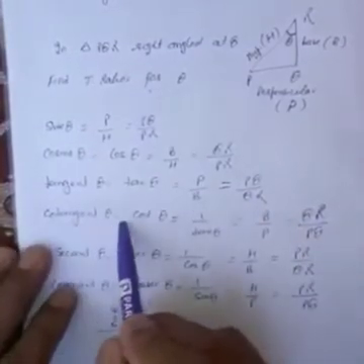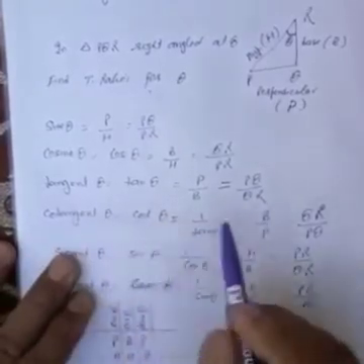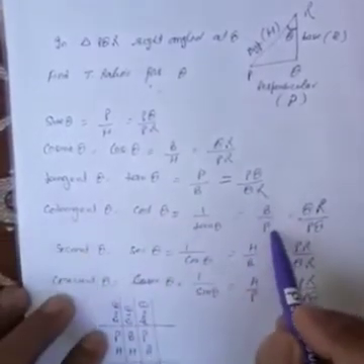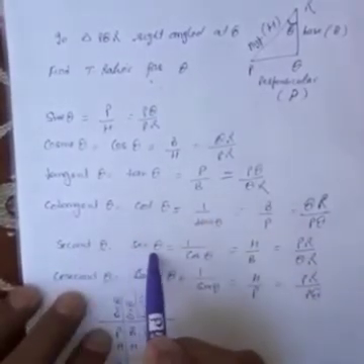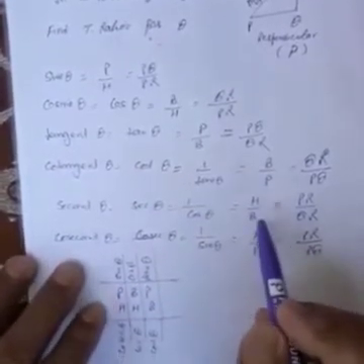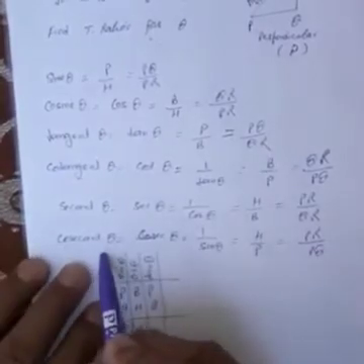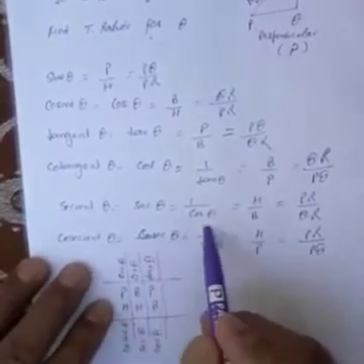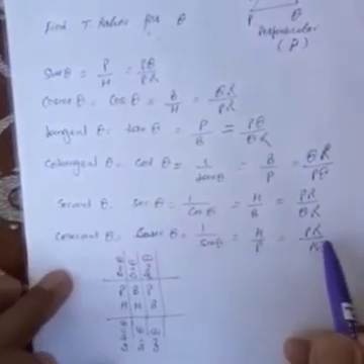Similarly cotangent theta is base upon perpendicular. This is the reciprocal of tangent theta. Similarly secant theta is the reciprocal of cos theta and it is hypotenuse upon base, so PR upon QR. Cosecant theta is the reciprocal of sin theta, so hypotenuse upon perpendicular, so PR upon PQ.